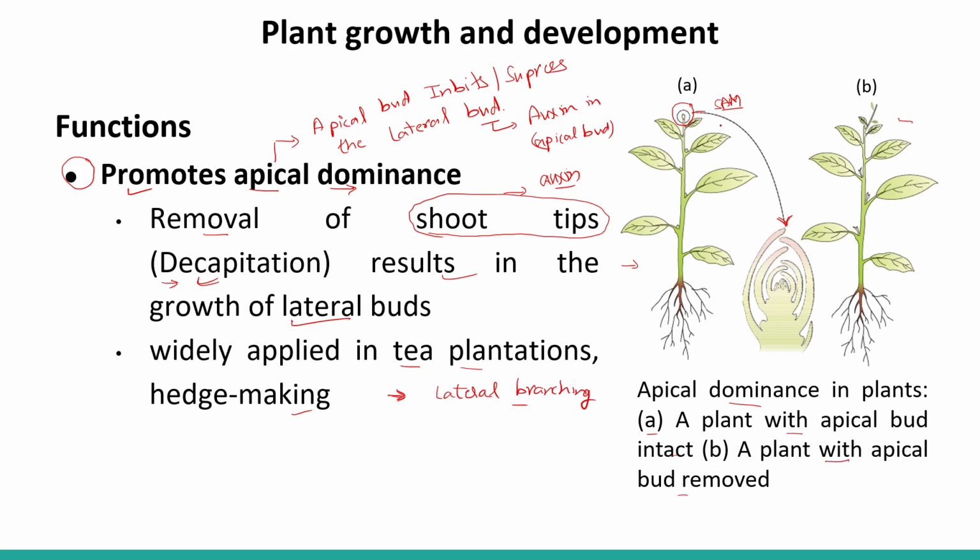Here you can see there is no lateral growth, whereas here you can see the emergence of a lateral branch, due to the removal of the apical bud. So this is clear.